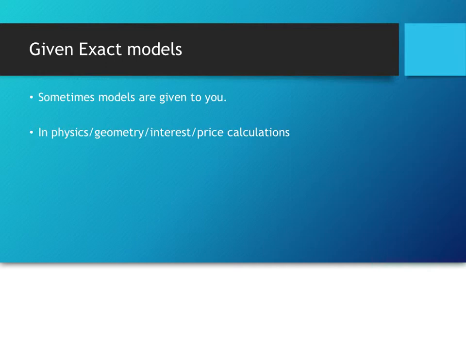Interest is another one that we saw before that you can go look up. How much do you have to pay on your house if I change what the house is worth? Those kinds of price calculations, you can go look those up too, or remember those from previous areas.